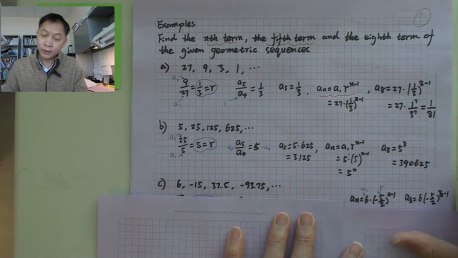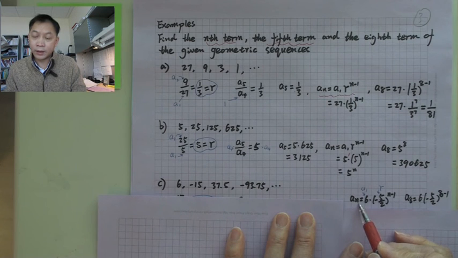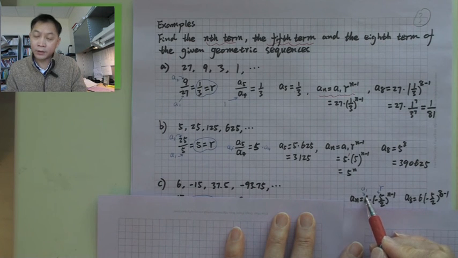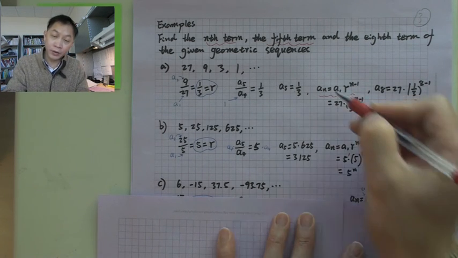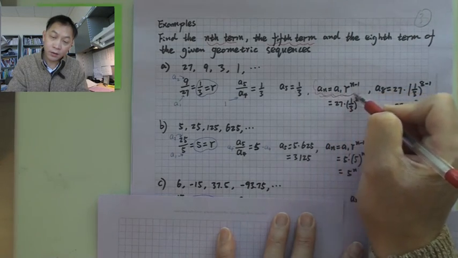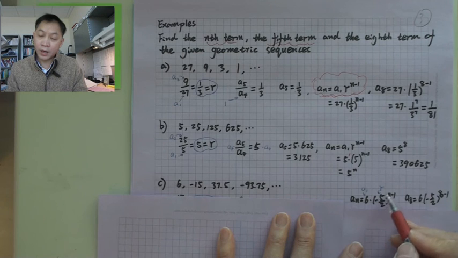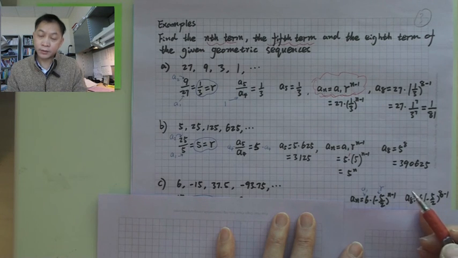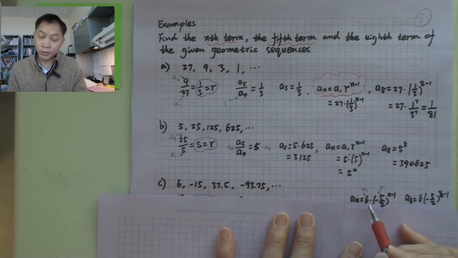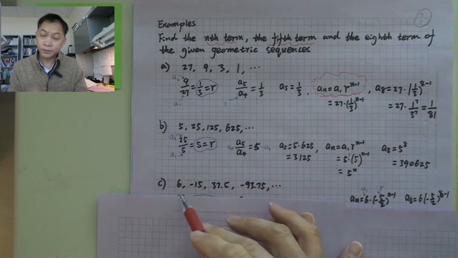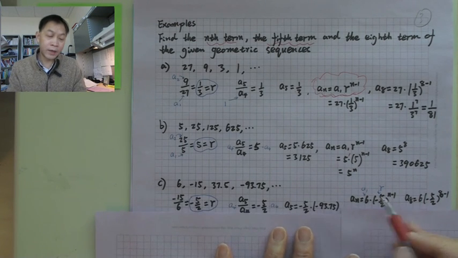Now A sub n is A1 times the general formula right here. So that's A1 times R to the n minus 1. A1 is 6, so you put 6 here. And R is right here.